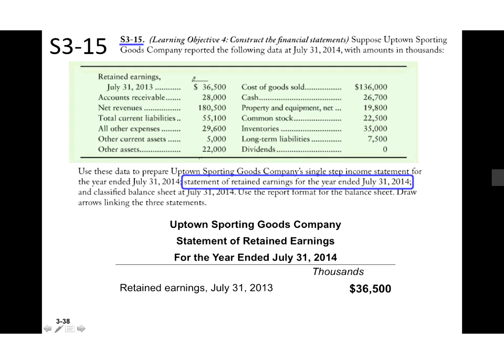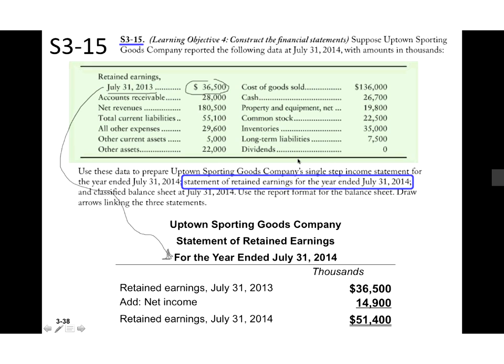Here it is, and we know it's last year because it's telling us July 31st, 2013, which is 1 year before. So that's our beginning retained earnings. Then we add net income and get ending retained earnings.